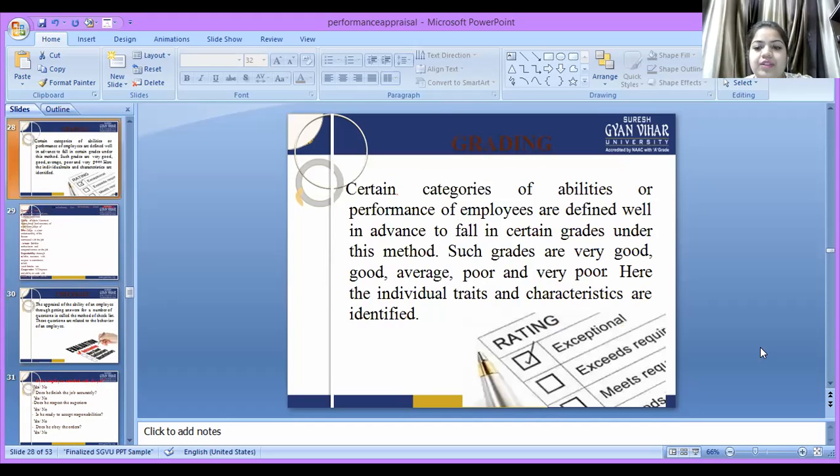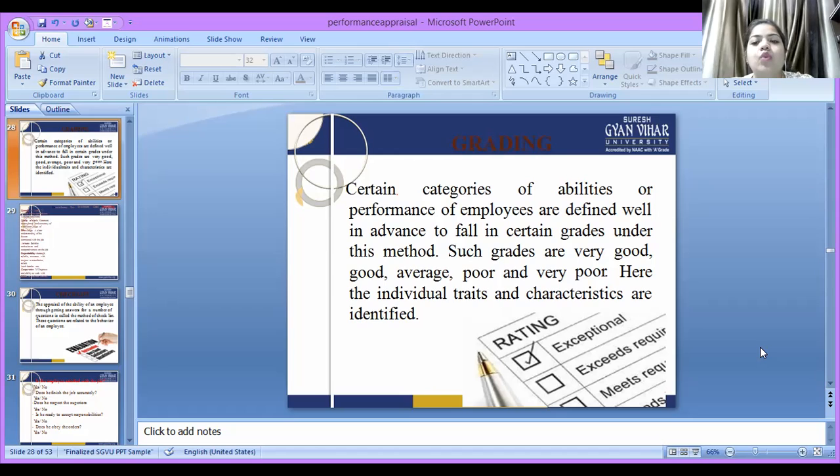Grading method. Grading at school time, or now you can see many university colleges, many courses, there is a grading system: A plus, A, B, B plus, C plus, D, and F. That was the fail basically. The certain category of abilities or the performance of employees are defined well in advance to fall in certain grades under this method.